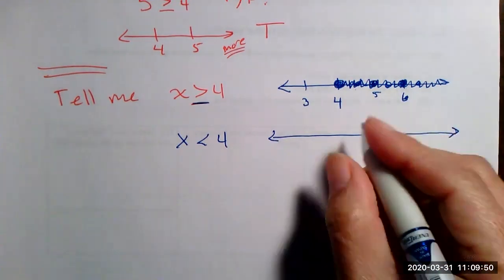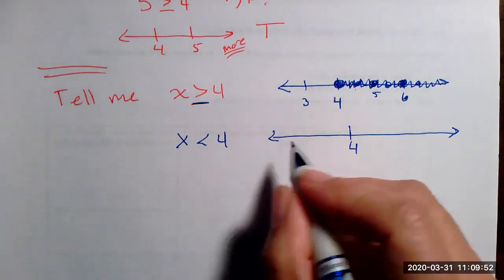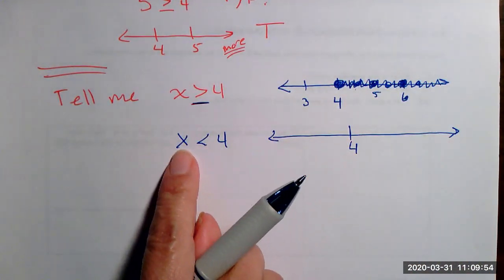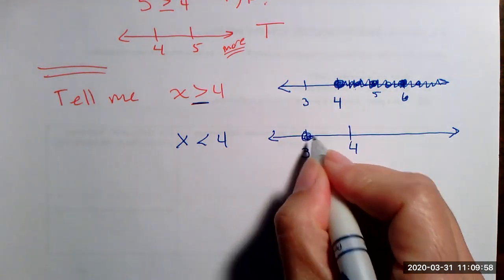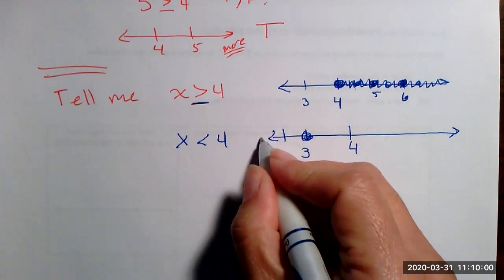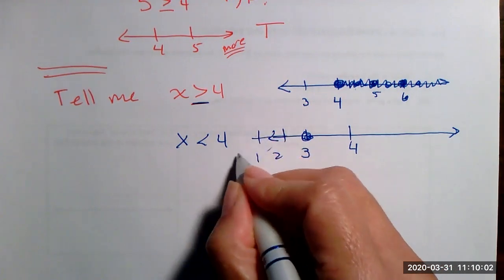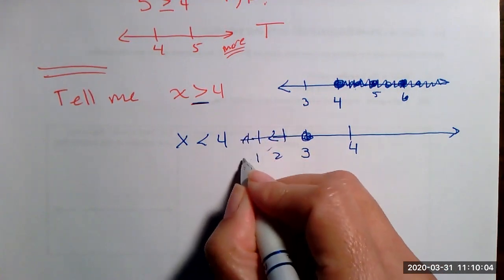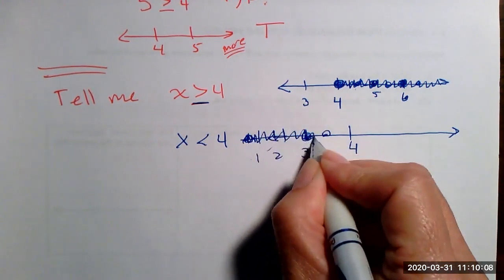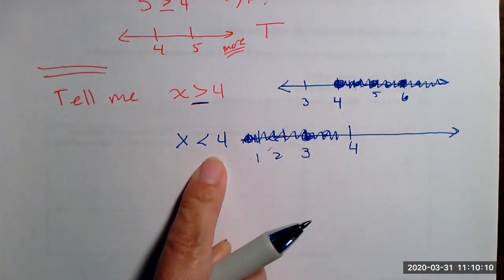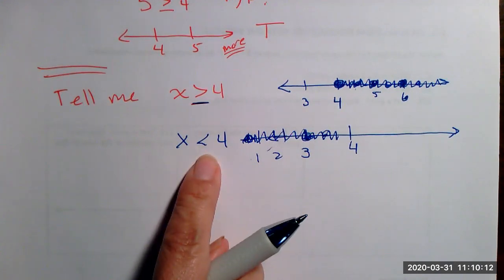Well, let's take a look. Here's 4 again. I'm looking at numbers that are less than 4. So is 3 less than 4? Yeah. What about 0? 0 less than 4? 0's going to be way down here, if I space it out better. But yeah, 0's less than 4. In fact, all of these numbers are less than 4. What about 4? Is 4 less than 4?